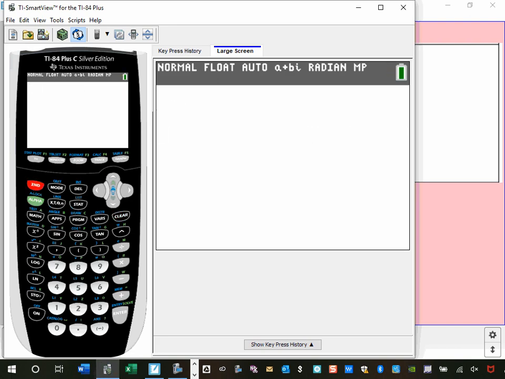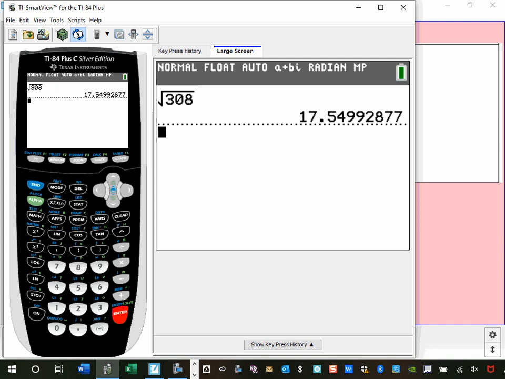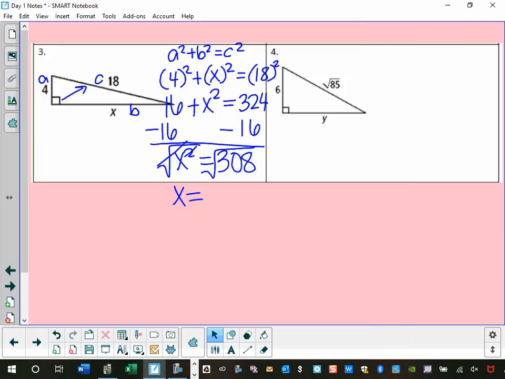You type in square root of 308 and enter. You should get 17.54, and so on. So let's round this to the nearest tenth. We're going to write 17.5. That's my answer.